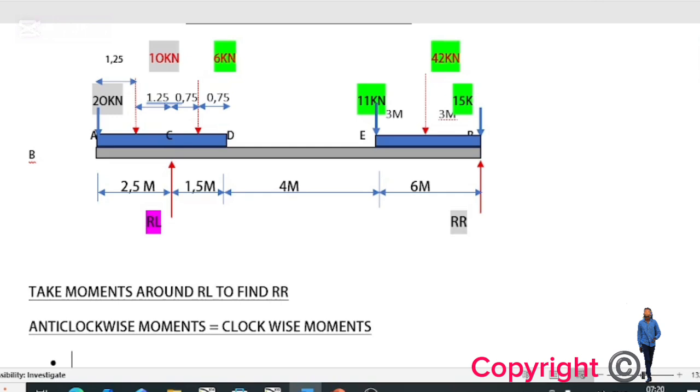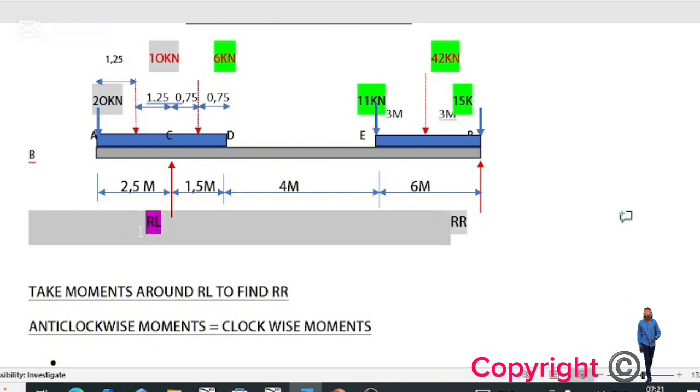And all the forces or moments which are on the left hand side are going to be considered as anti-clockwise. If we say all the forces on the right are clockwise forces, we mean only those pointing downwards, but the one which is opposing is going to be anti-clockwise.